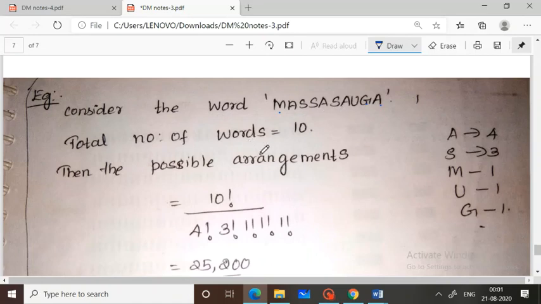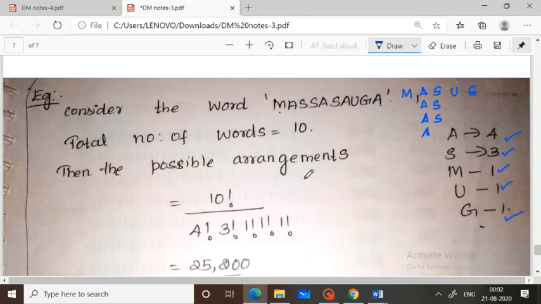Therefore, the possible arrangements: M is 1 time, A, S, again S, again A, again S, again A, U, G, again A. So how many of each letter? M 1 time, A 4 times, S 3 times, U 1 time, G 1 time.